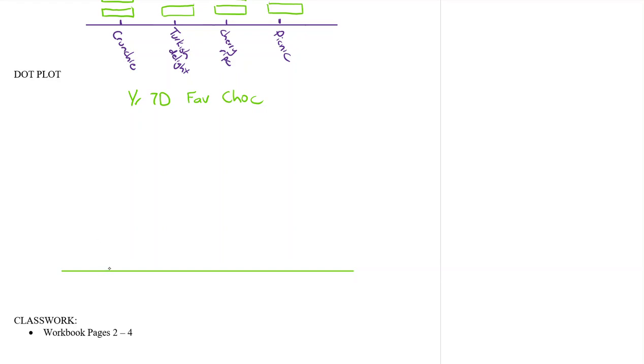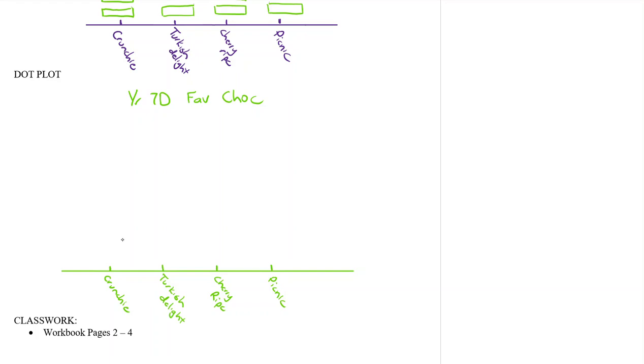So I'm going to have my 4 spaces 2 or 3 centimeters apart, keep them even. Measure them with your ruler is best. So we're going to have Crunchy, Turkish Delight, Cherry Ripe and Picnic. Okay, and it's always just one dot equals one person, so that's why we don't need a key.